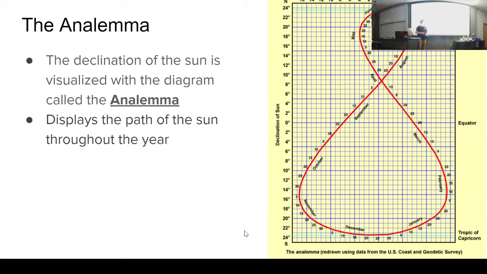Going back to the analemma for a second, you're going to come back to this quite a bit when you take your test if you have to figure this out. You will see that where we are right now in February, we are actually below the equator. We are in different hemispheres, which means you will add.